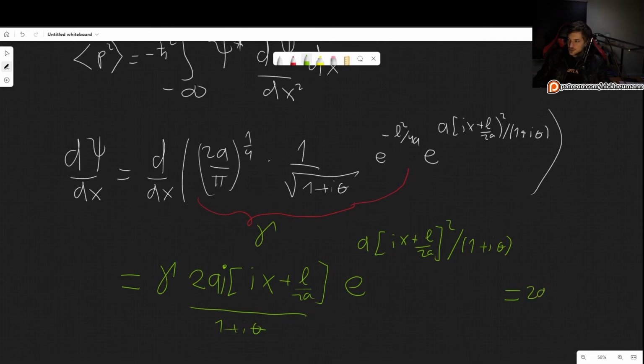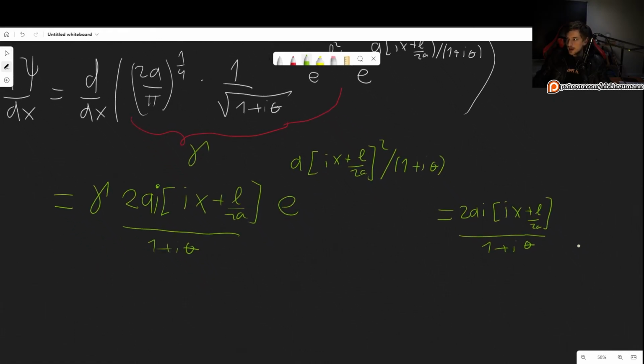So this is 2ai times ix plus L over 2a divided by 1 plus I theta. And this is what came out from the derivative, and everything else is our wave function. So that is the result from taking one derivative.